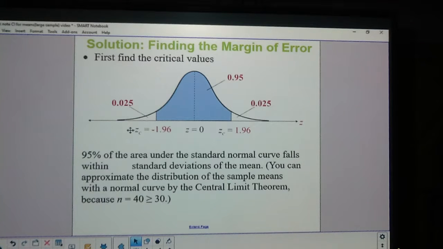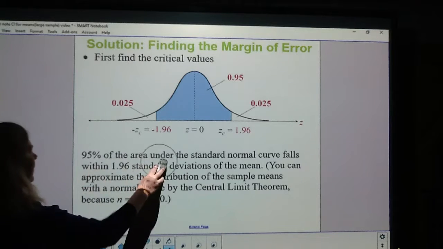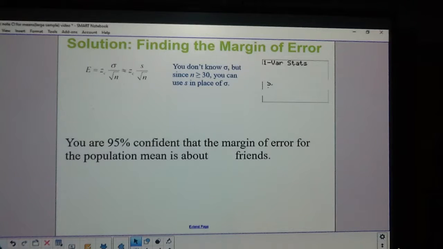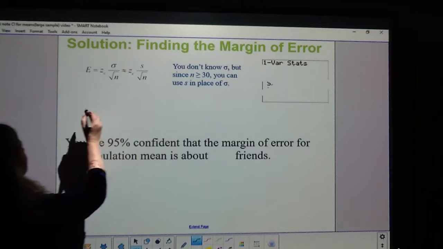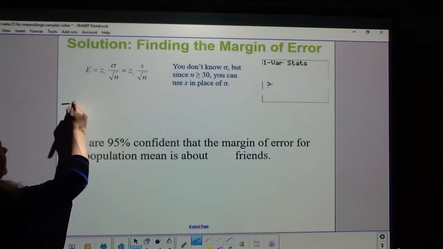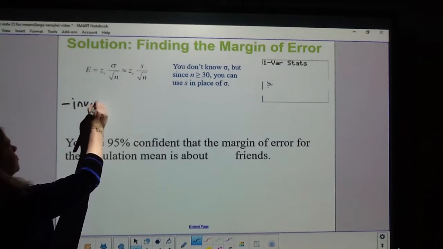So 95% of the area under the standard normal curve will fall within 1.96 standard deviations of the mean. So now if I want to do this calculation, remember the Z of C is, if I want the positive, I'd have to do negative inverse norm.